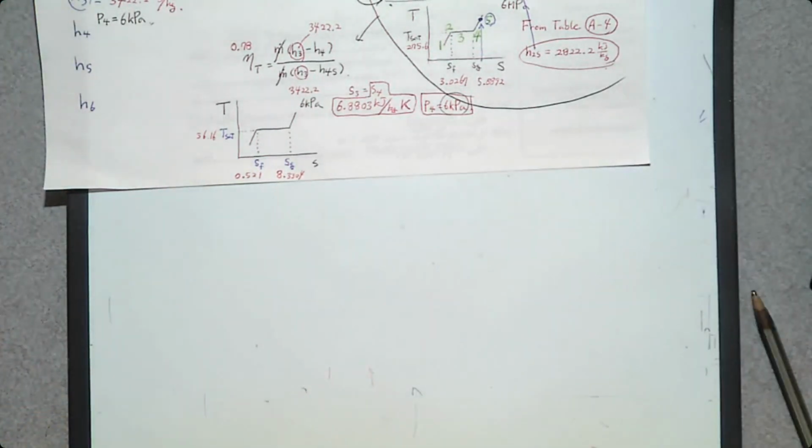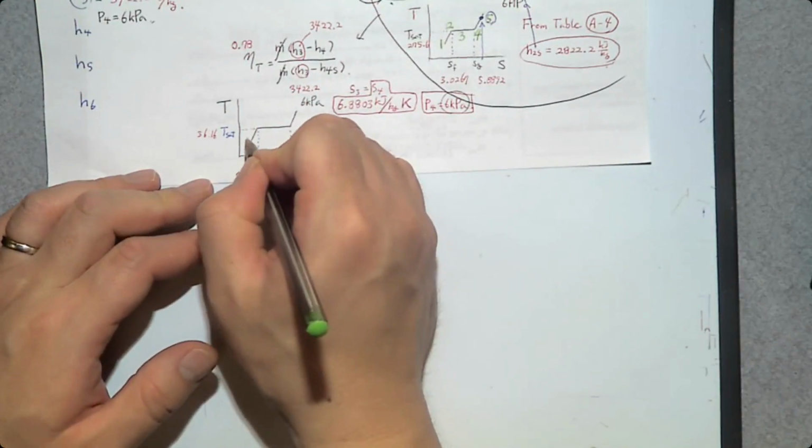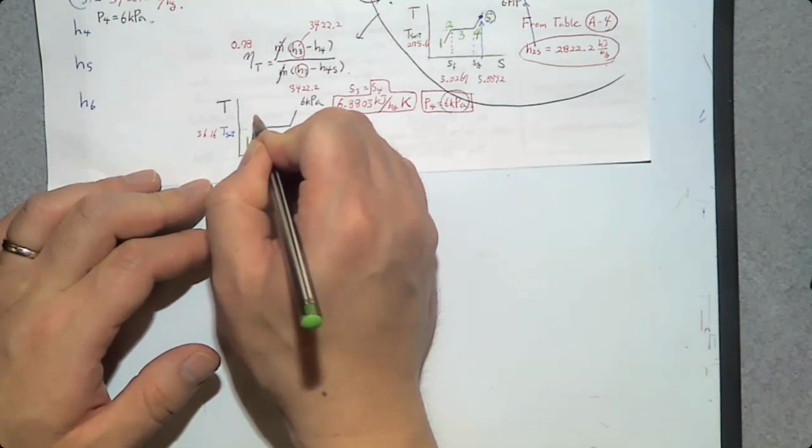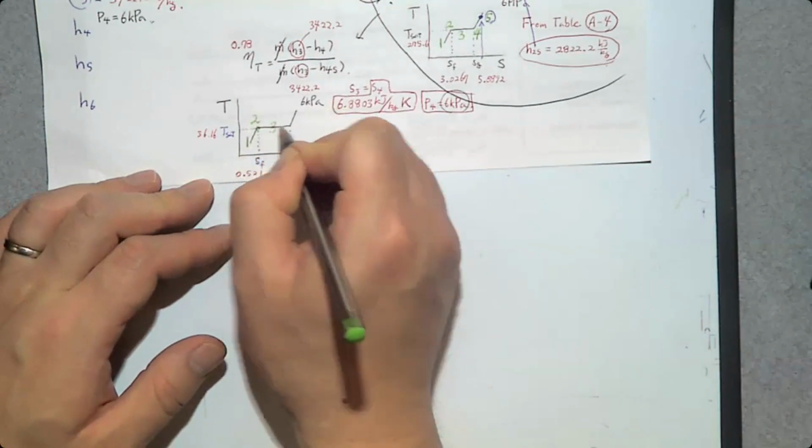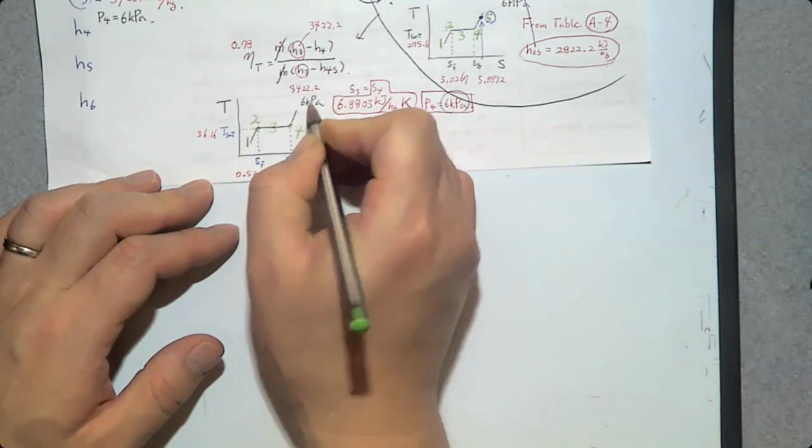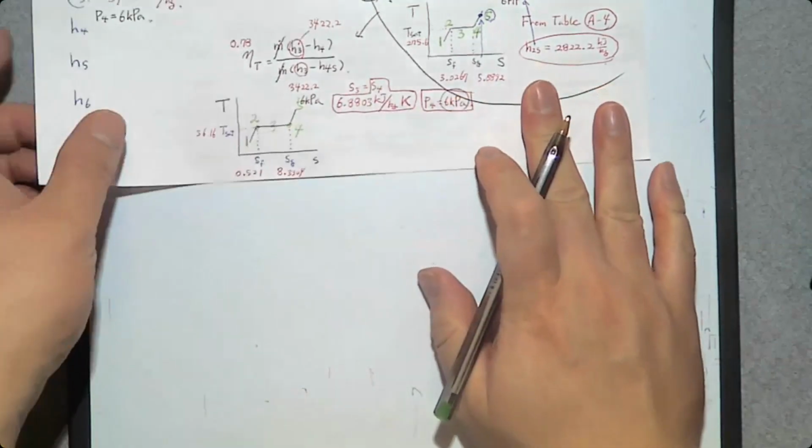Okay? Then on this T-s diagram, we have compressed liquid here. This point is saturated liquid, then saturated mixture, saturated vapor, and superheated vapor.